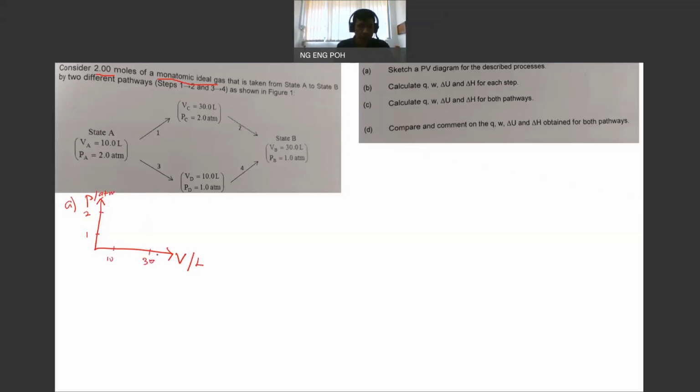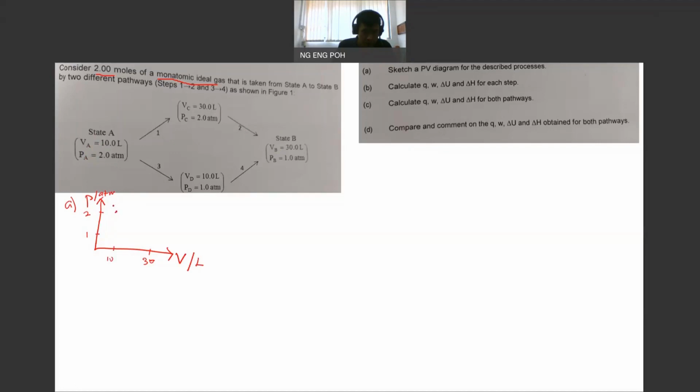Now we want to see state A. It's 2 atm and 10 liters.